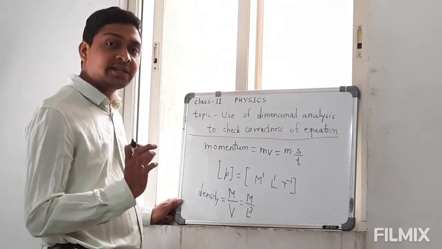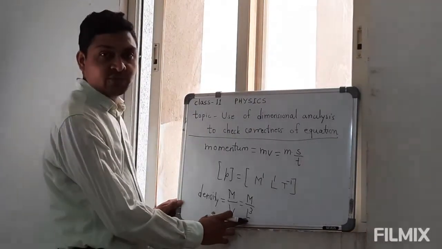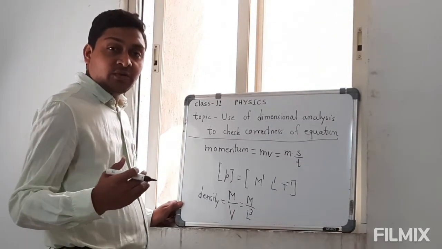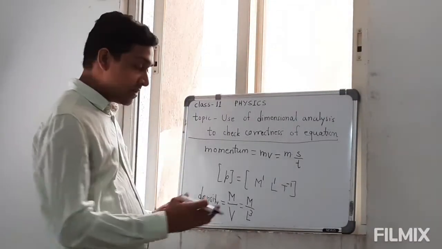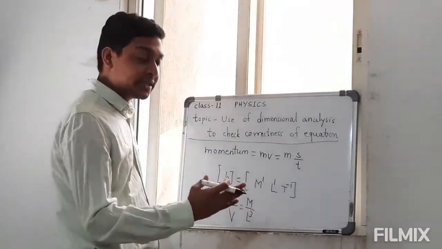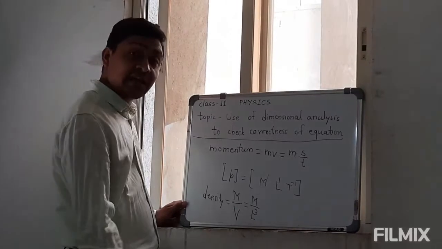Here 4 by 3 pi is constant, so r cube is there, and we can write r cube as L cube only. For the cuboid it will be L into B into H. Length, breadth and height all represent length, so all three factors remain L only. So we can write it as L cube only.